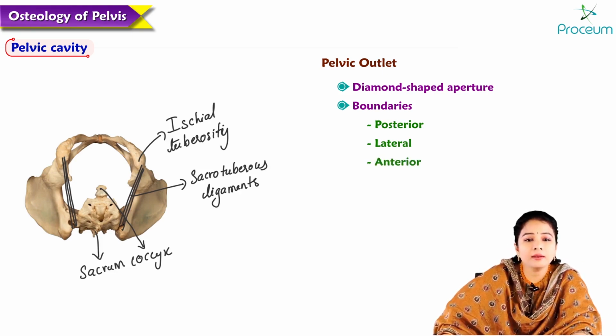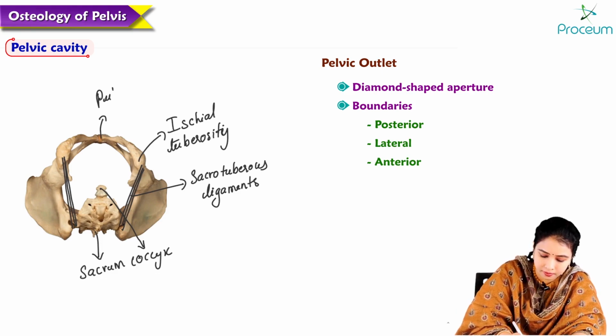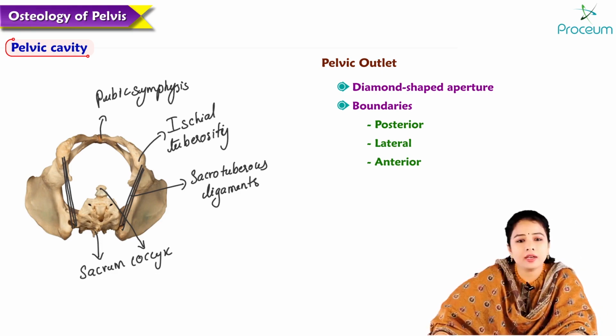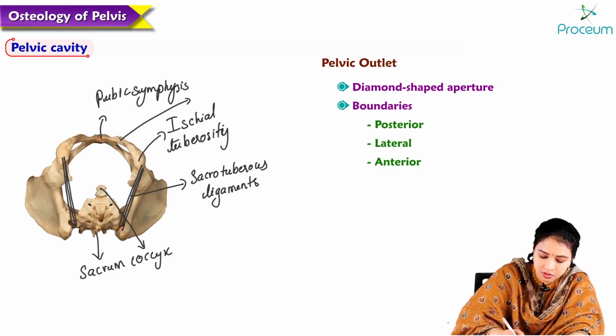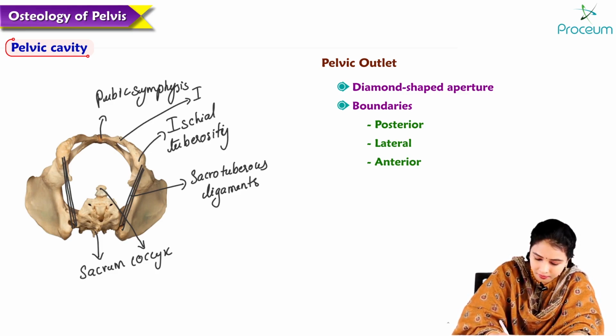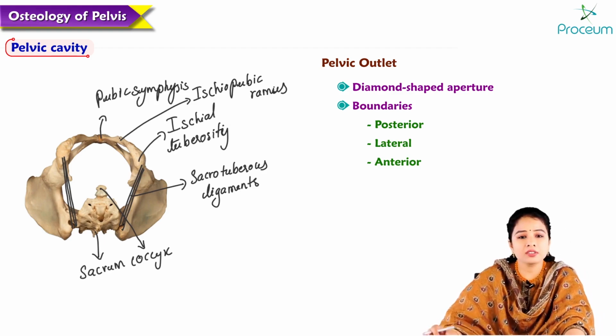And anteriorly by the pubic symphysis, and it is also related to the rami of the pubis and ischium. This is the ischiopubic ramus. And the ischial tuberosity is a projection from the ischium.